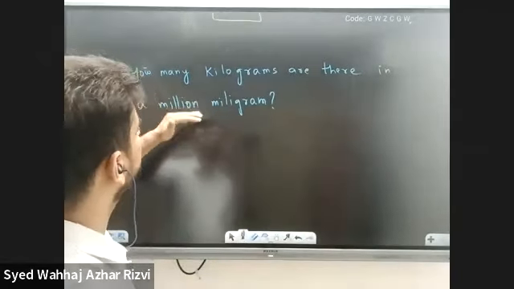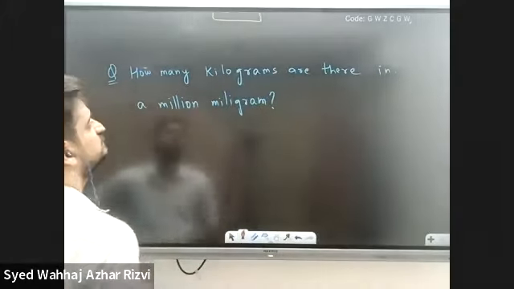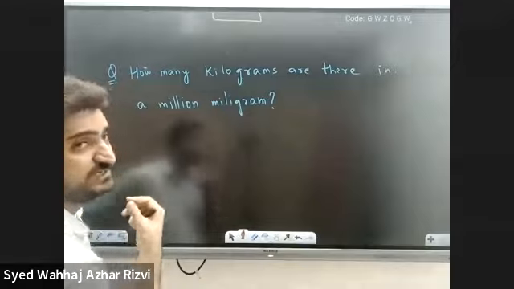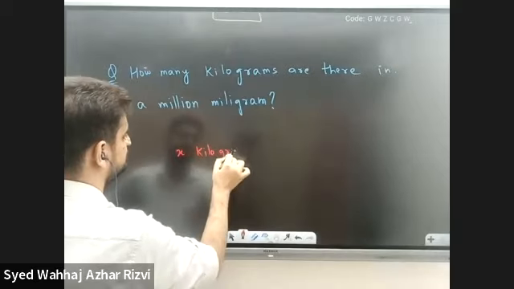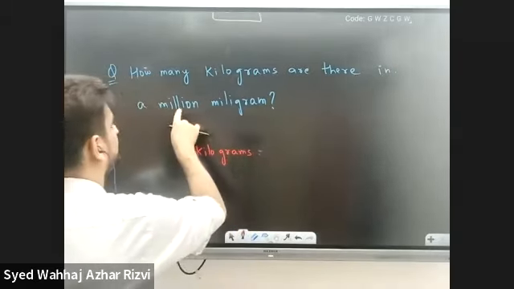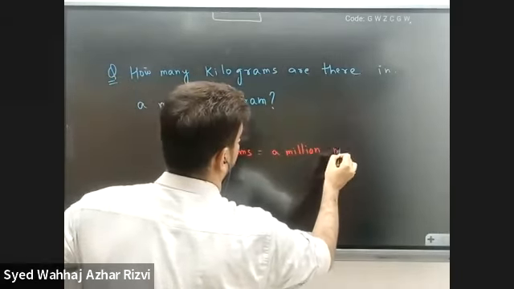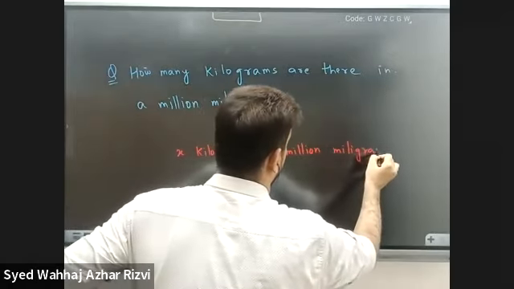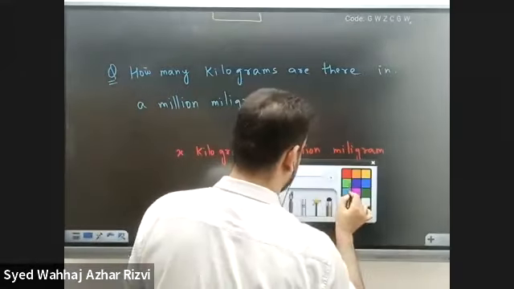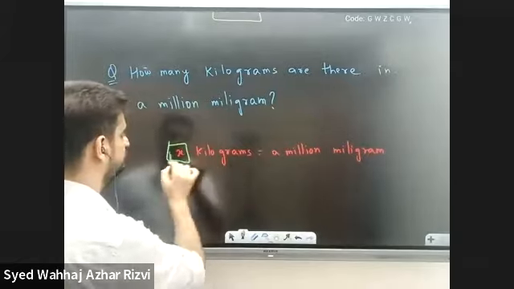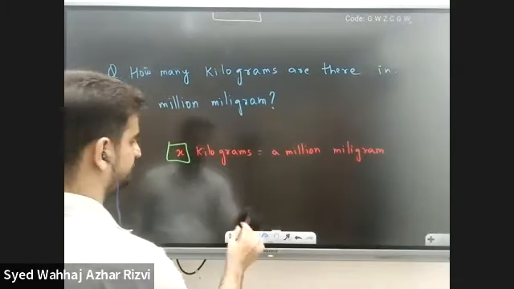This is exactly the same as the question we had earlier. So let's write it down. We don't know how many kilograms there are, so let's call it X. Let's say there are X kilograms equals a million milligrams. Now we have to find out the value of X. That's the whole point of this question. We have to find out how many kilograms are there in a million milligrams.